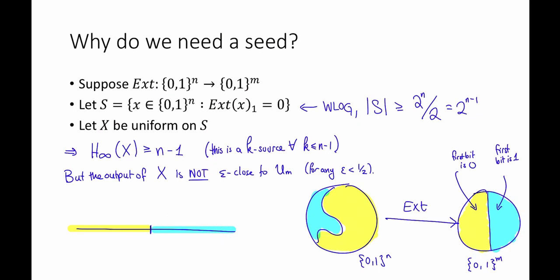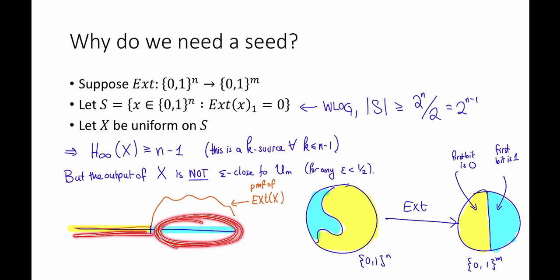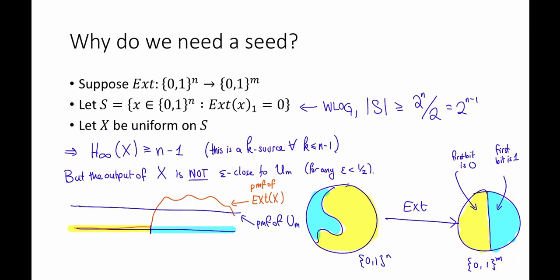And if we look at the probability mass function of the extractor on the source X, it's going to look something like this. That is, the support is entirely contained on the blue set, and it's 0 on the yellow set. But now let's consider the distribution that we want to compare it to, the uniform distribution. That looks something like this. So it's just flat.